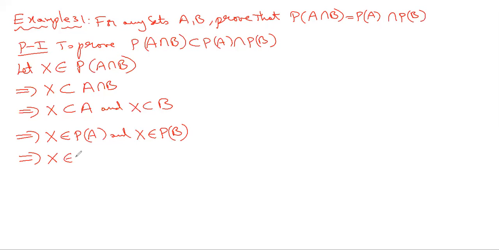So X must be an element of their intersection, P of A intersection P of B. Therefore, we started with an arbitrary element of the first set and got that it also belongs to the second set. We can conclude P of A intersection B is a subset of P of A intersection P of B.